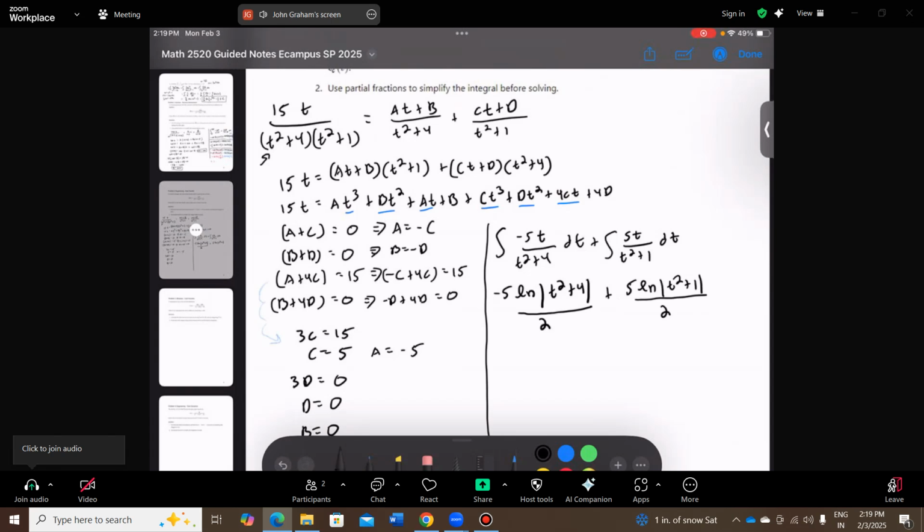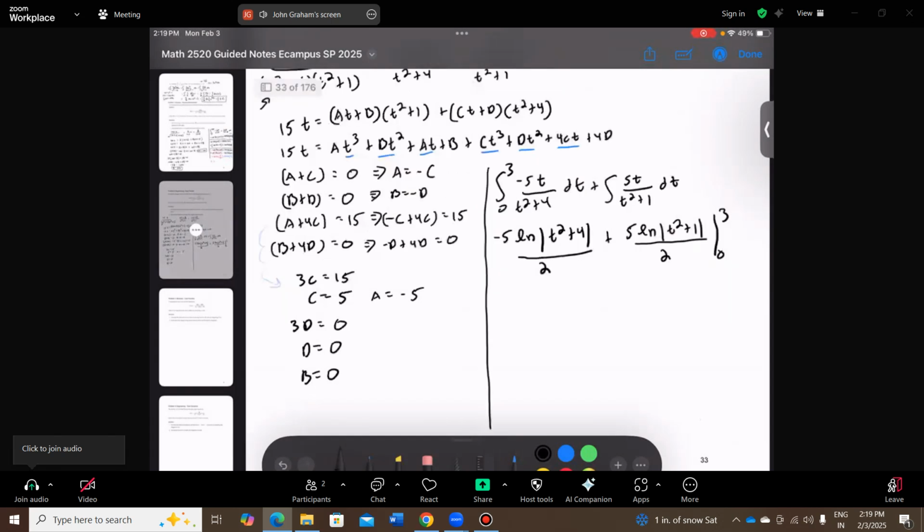Double checking everything I have written. Okay, and then we'll integrate this from 0 to 3. I didn't write my limits. Okay, so when we plug in 3, negative 5 halves natural log of 13, plus 5 halves natural log of 10, minus 5 halves natural log of 4.